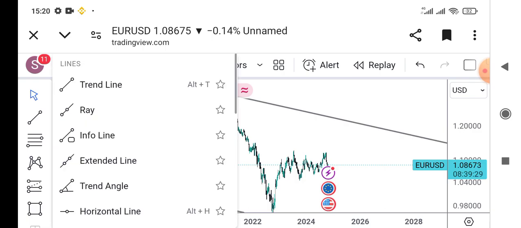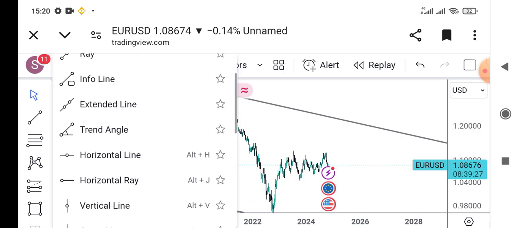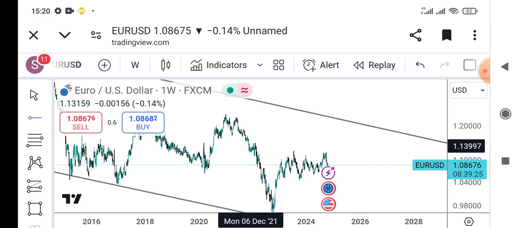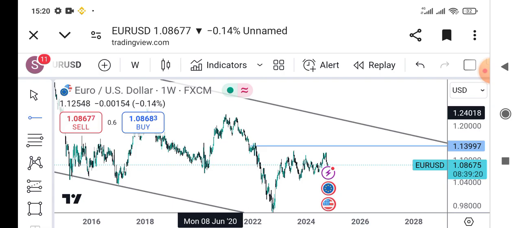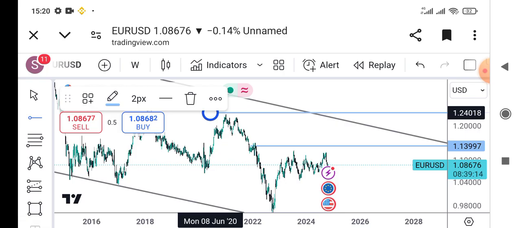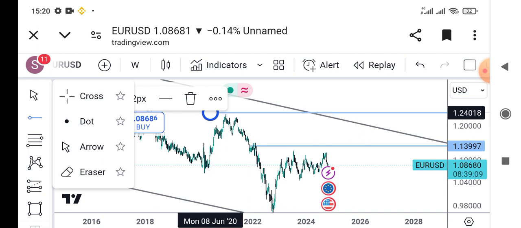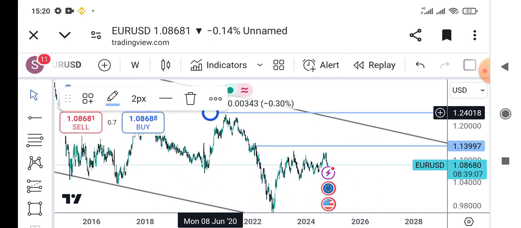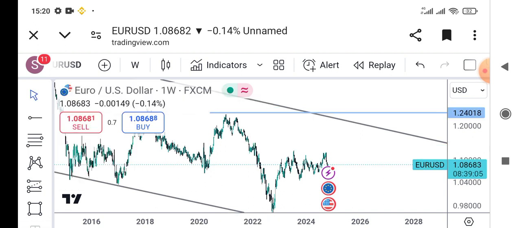So let us have our horizontal ray. So I want to remove one. I want to remove this one.